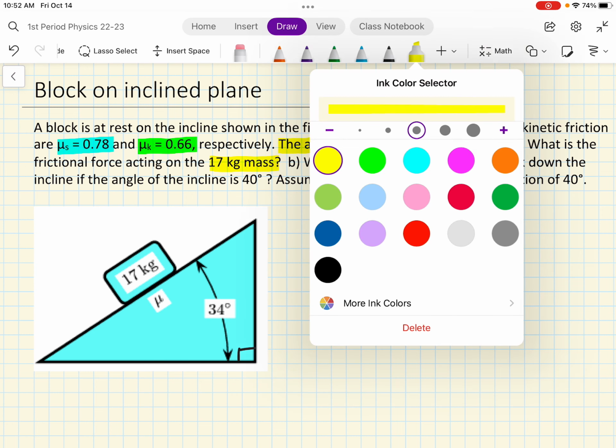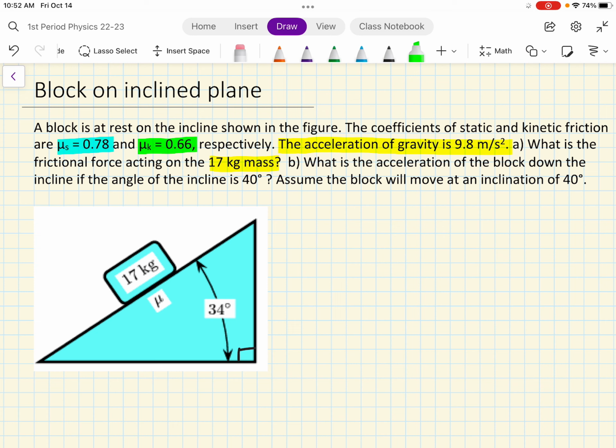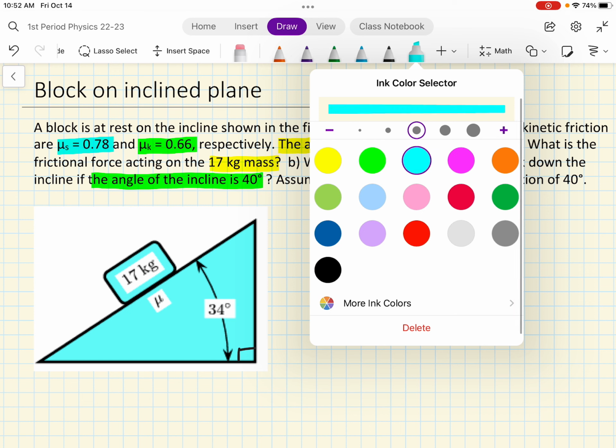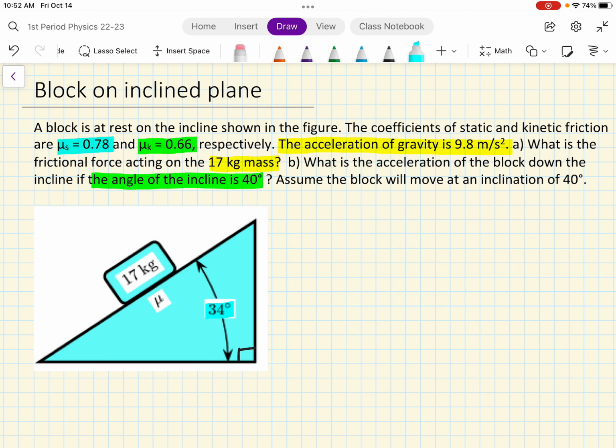Also, green would be the 40 degrees. And I'll highlight the 34 degrees too, which is going to help us answer question A.